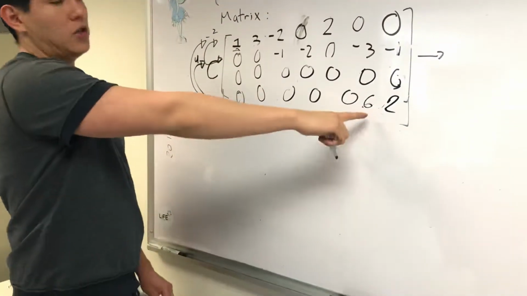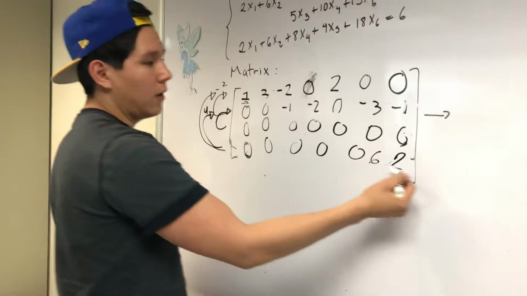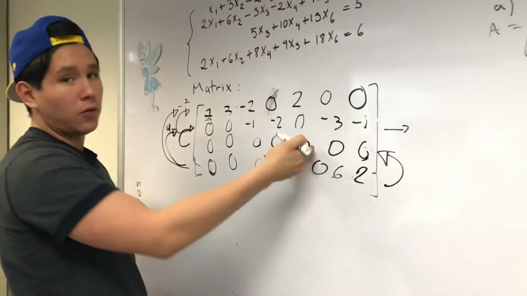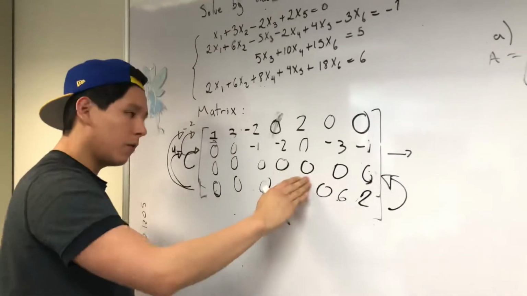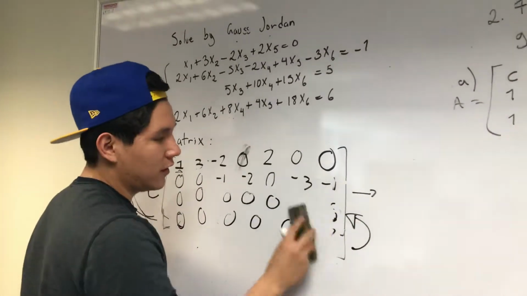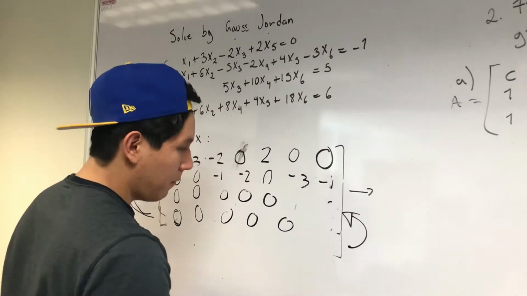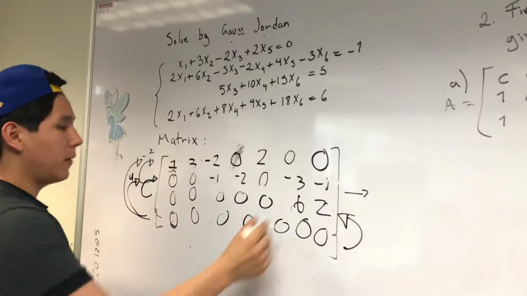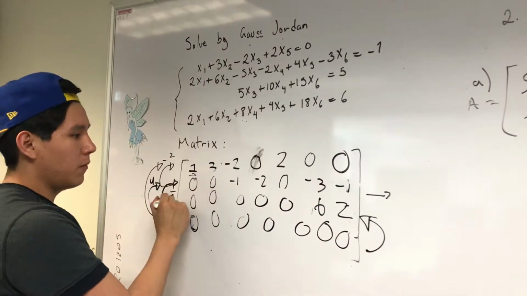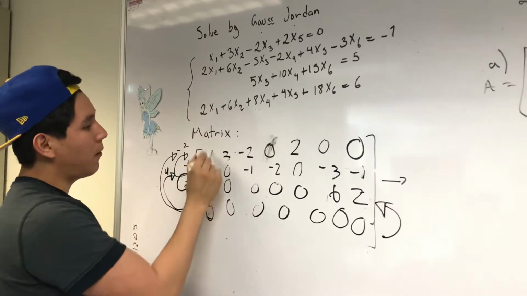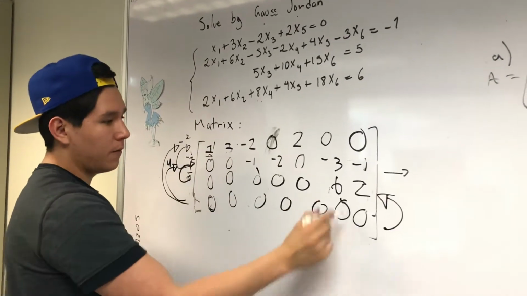Our next step is exchanging these rows, because we need to have the zeros below everything. In this case, we change 6 and 2 up here, and 0, 0. Then we divide these rows by 6, and this one by minus 1, so we can have our leading ones here.